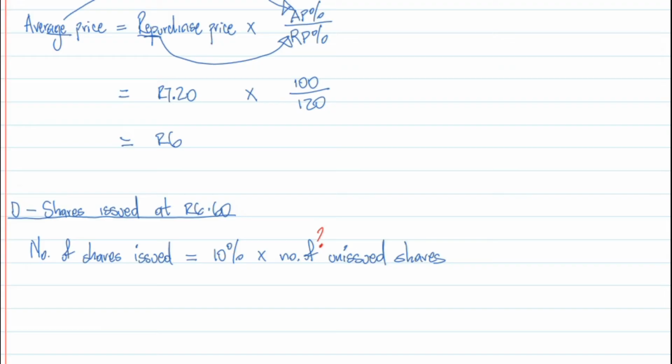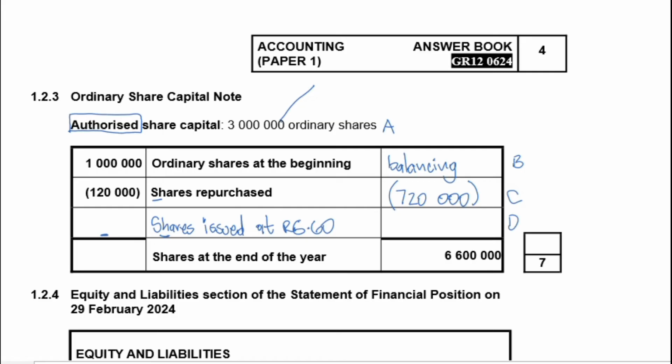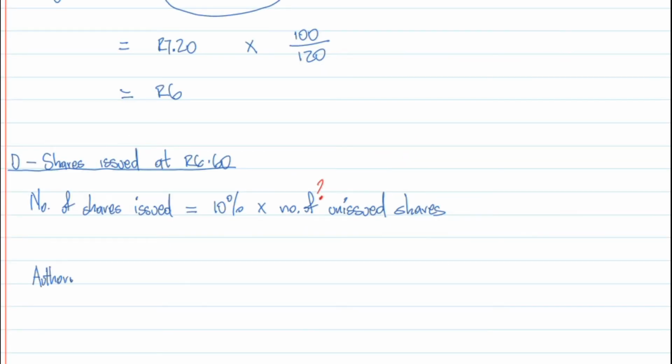How do we get this number of unissued shares? We know that the authorized shares consist of both the issued shares and the unissued shares. So we can represent that as the equation authorized shares is equal to issued shares plus unissued shares.